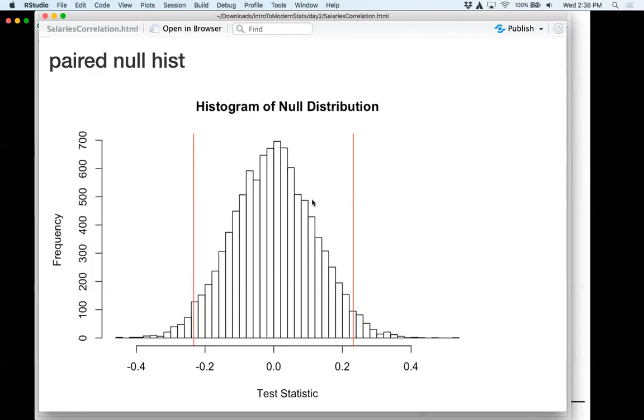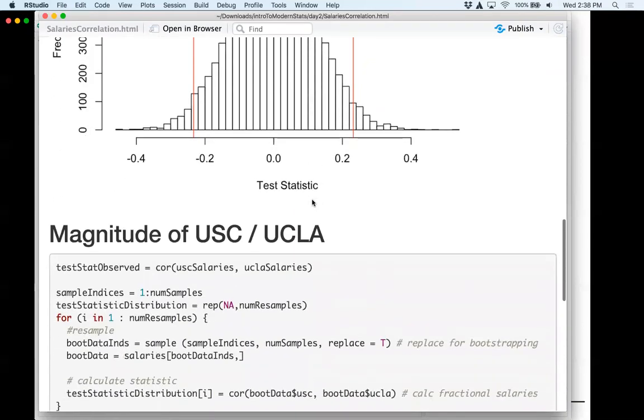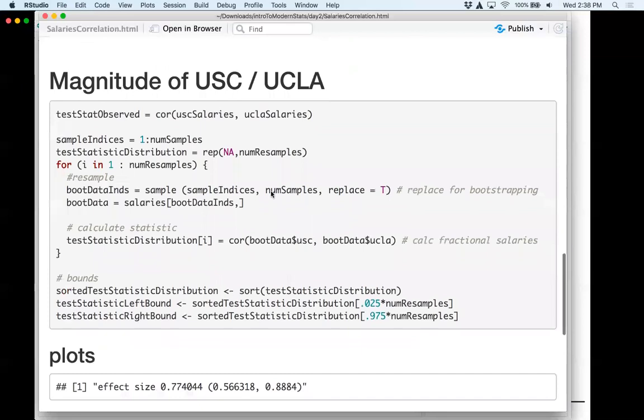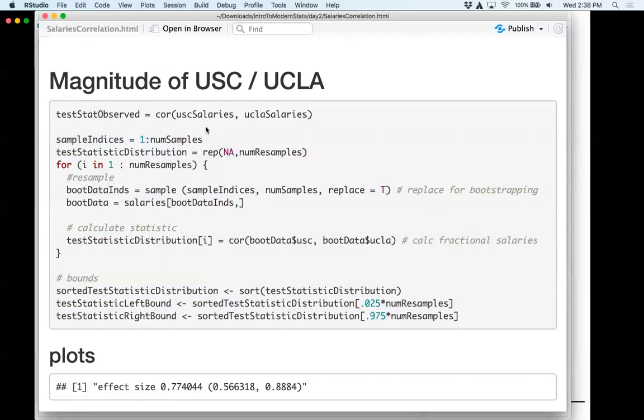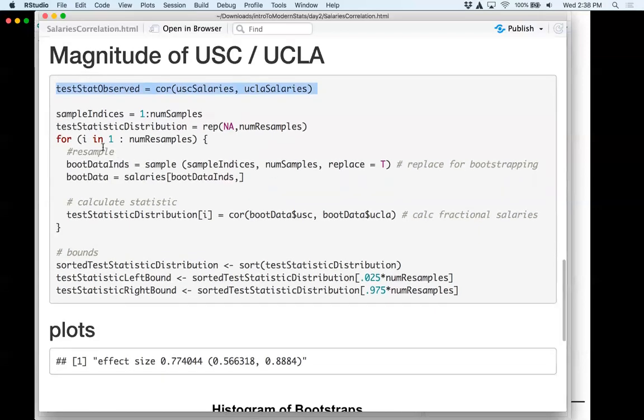And then you might say, well, what's the correlation? Well, it's 0.69. How sure are you? Well, that's when you bootstrap and your confidence intervals come into play. So I ran exactly the same bootstrap code that we have. We calculate our statistic here in this loop.